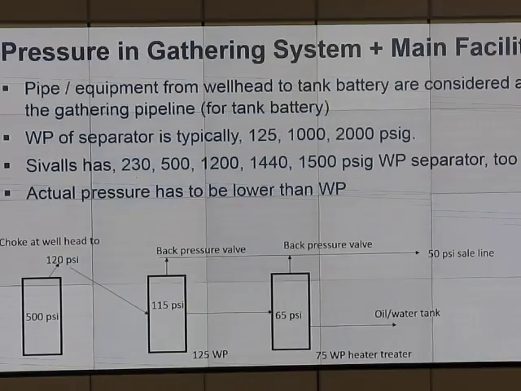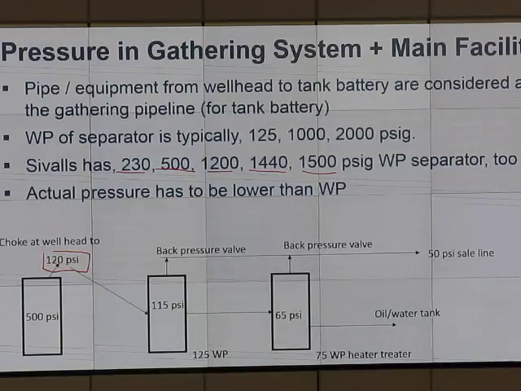Look at the pressure. Separators have 230, 500, 1200, 1440, 1500 working pressure. Several of them, right? I give you just one example of setup. You may choke at the well a little bit, just close the valve a little bit, and it comes in at 500, but it comes out at 120.